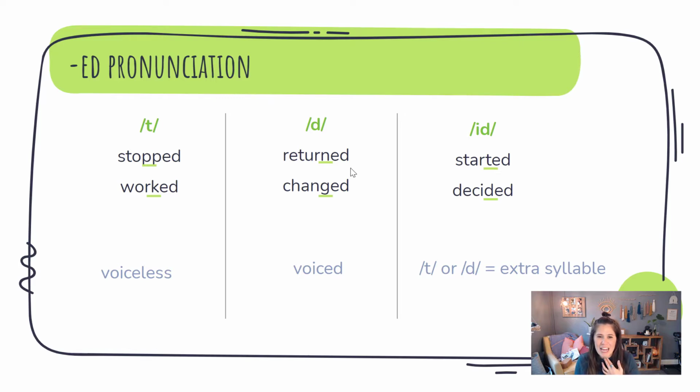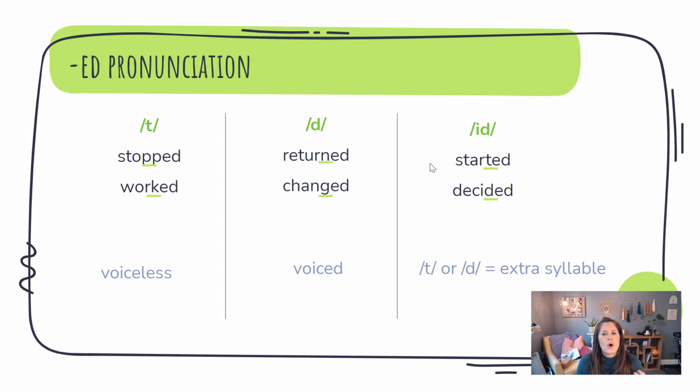We're not adding an extra syllable here. So as long as we can identify the base word, which is what comes before that -ed suffix, then you have to identify what the final sound is in the base word. Then you identify if that final sound is voiced or voiceless, and from there you can determine your -ed ending.